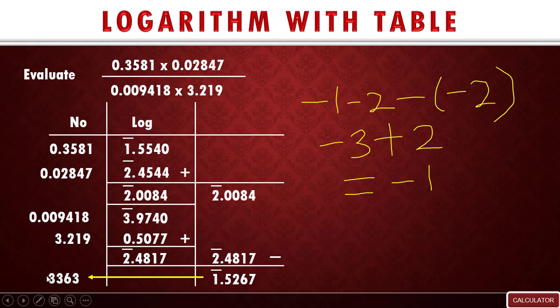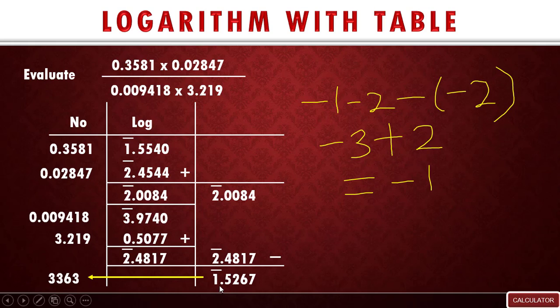So caution here, if the value that we have here is positive, that means we are counting to the right hand side. That means we are counting it like this: 1, 2, 3, depending on the number of places that we got after adding 1 here. But if we got bar, maybe our answer is bar 1, bar 2, bar 3 after adding 1 to it, that means we are counting to the left hand side: 1, 2, like that.